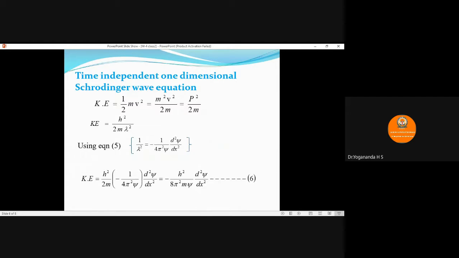Substitute that, and we get h square divided by 2m into minus 1 by 4 pi square psi into d square psi by dx square. Multiplying both the terms, we get kinetic energy is equal to minus h square divided by 8 pi square m into psi into d square psi by dx square. Call this equation number 6.